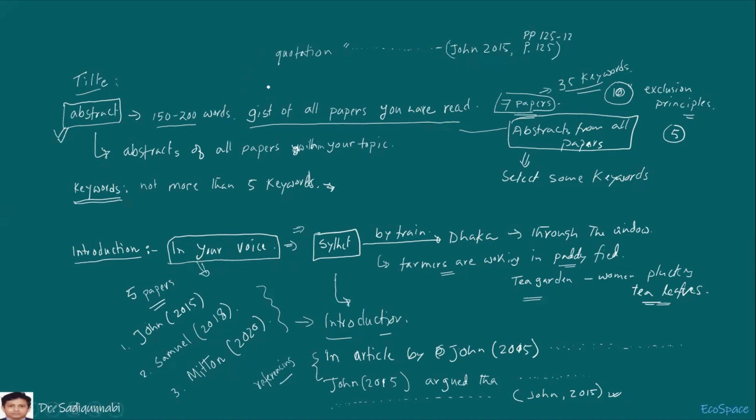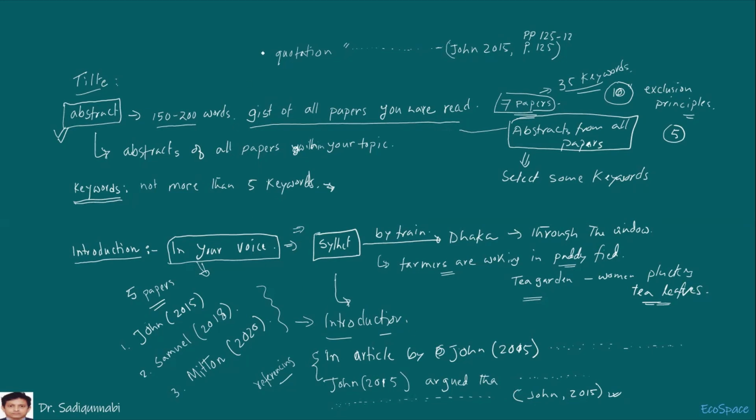So you can maintain three referencing styles. One is you just start with the writer's name, and the second style is you start your own narration and then refer to the person.